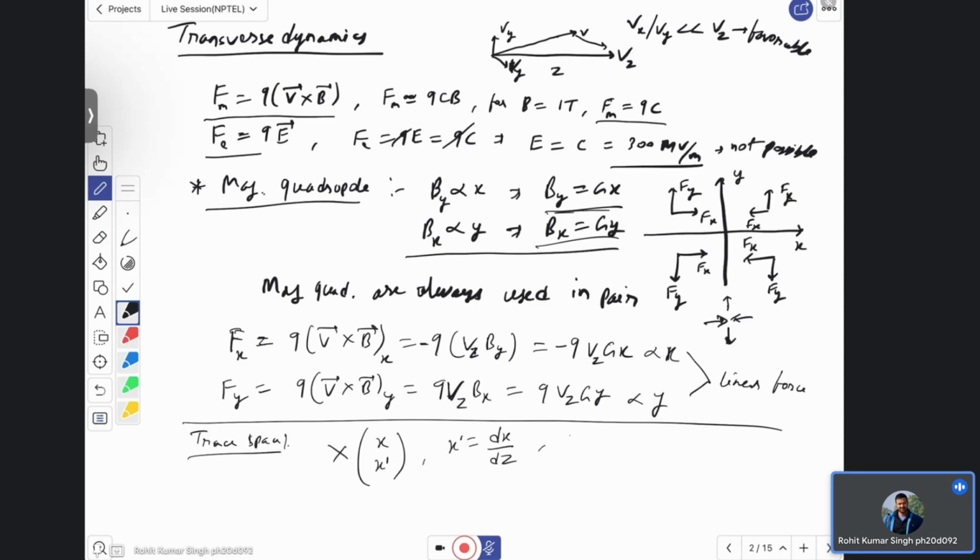And the momentum of the particle is proportional to x prime. This derivation you can find in the lectures, and you can think about it also. It's straightforward.